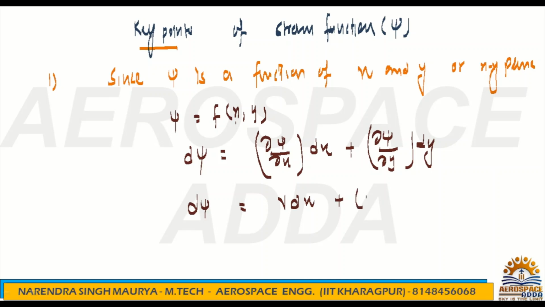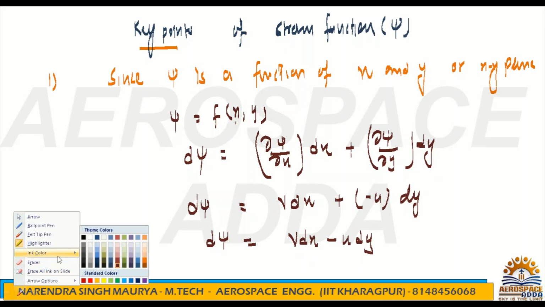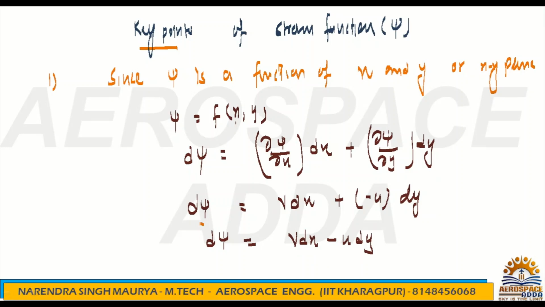So I can write minus u into dy, meaning v dx minus u dy. This is nothing but d psi. This is a very important result.